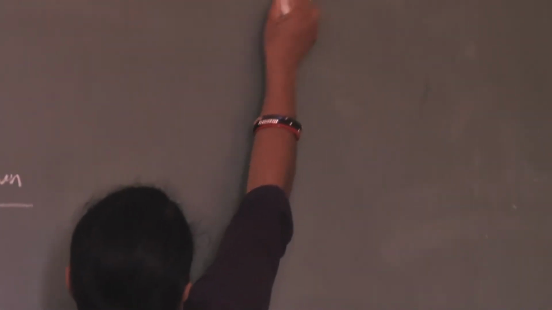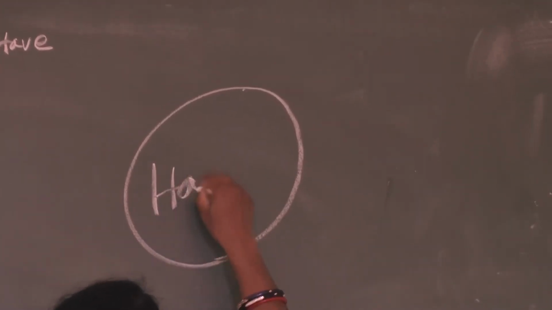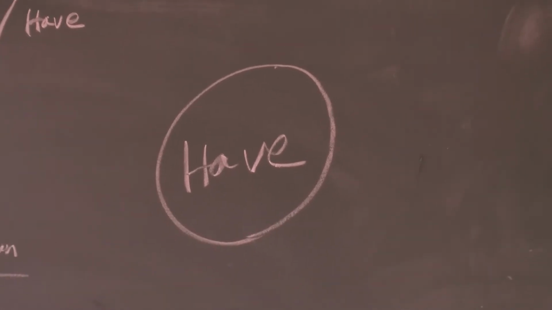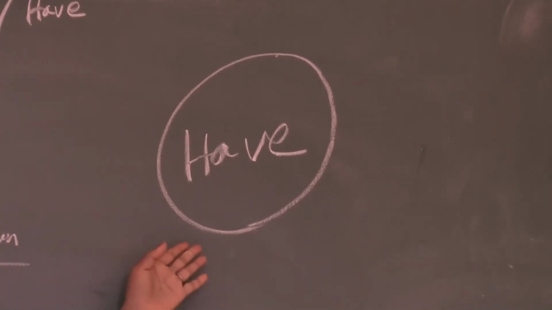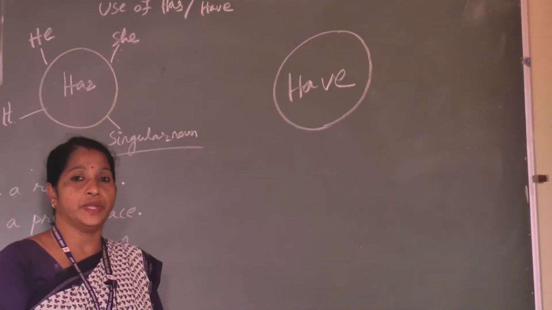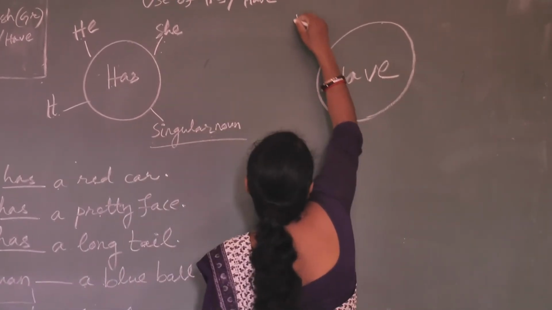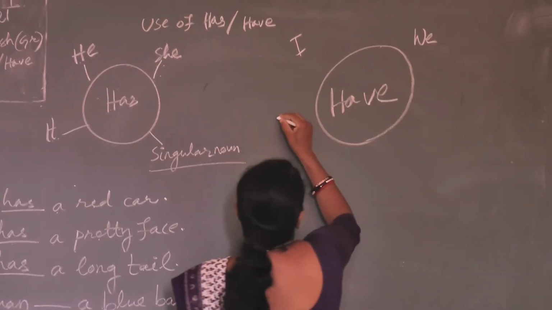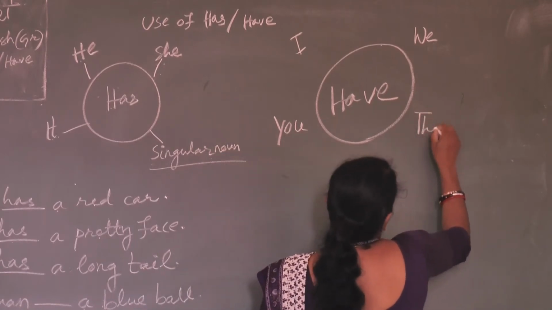Now, children, let's learn the use of have. We have just learned about the use of has. These are the uses of has. Now see the use of have. Where do we have to use have? We are using have with I, we, you and they.